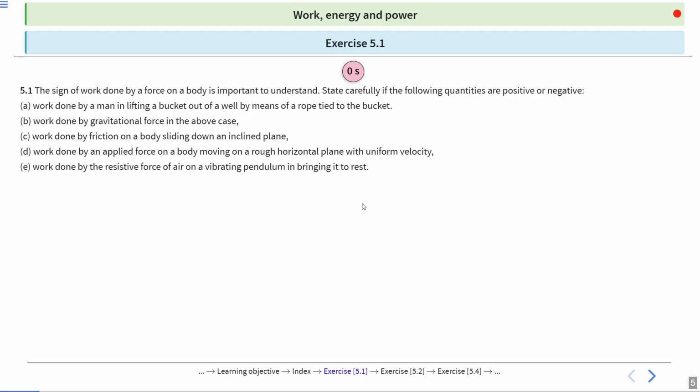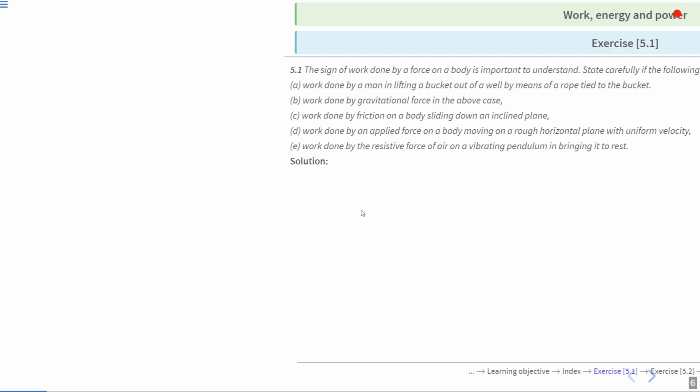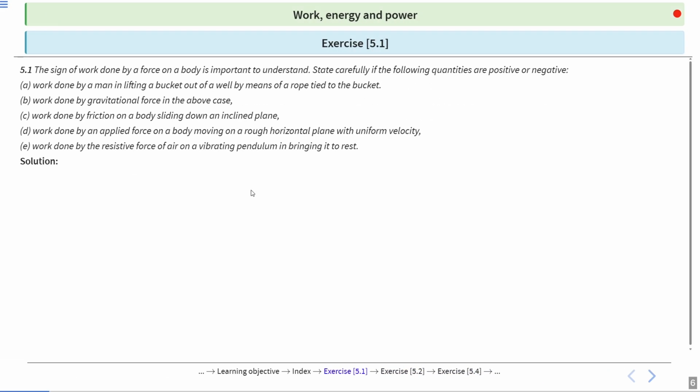Let's see the solution of each statement one by one. So first, here we will learn the concept that is important to solve this question. So work done by applied force F: suppose we have a block, and we applied some force F. So there is a displacement D with angle theta.